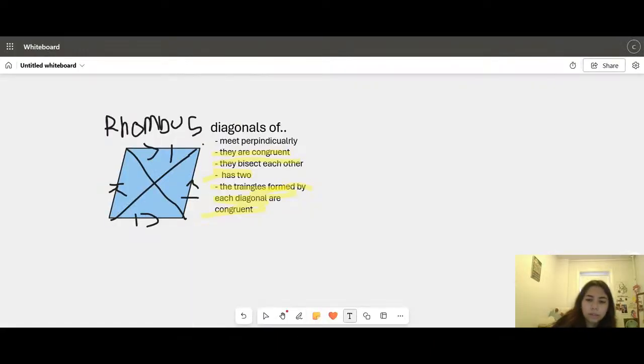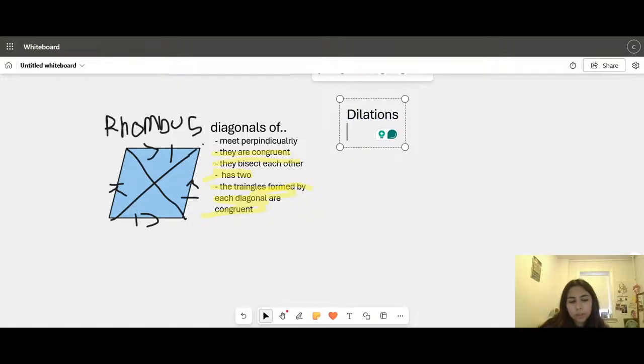Dilations. Okay. Area is K to the power of, what is it? 2.